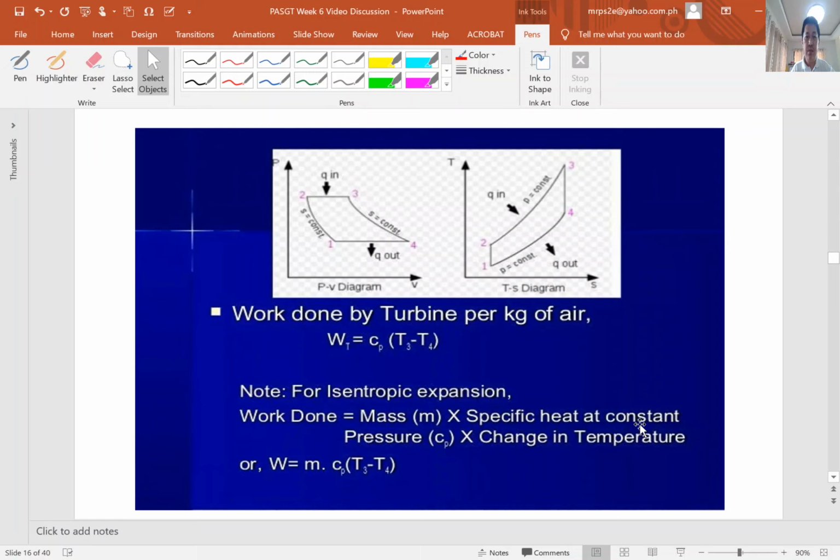So, work done by the turbine per kilogram of air.